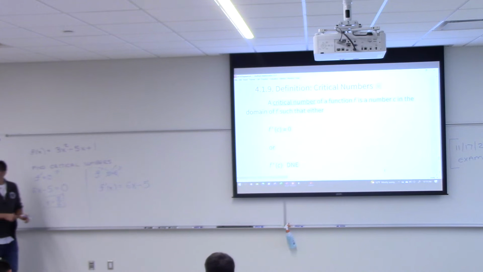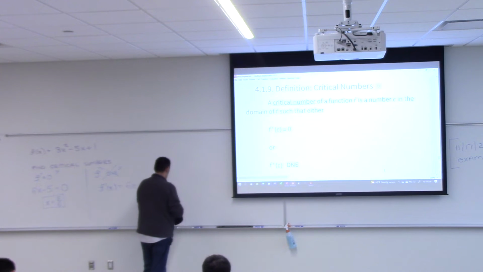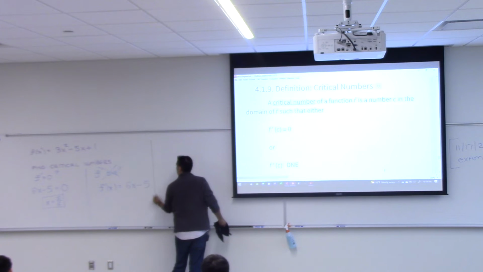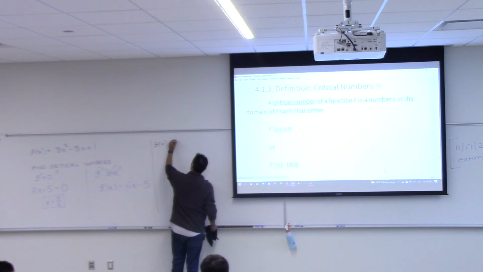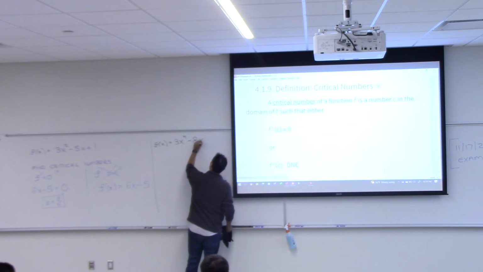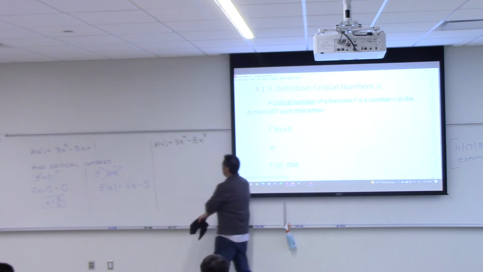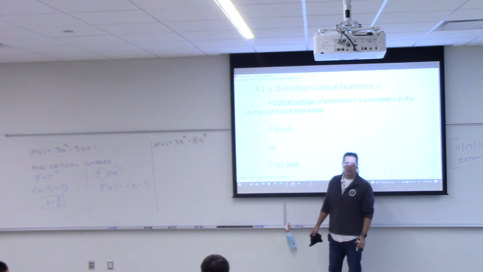Do another example. How are we doing on time? 20 minutes? All right. So what if we take f of x, let's go 3x to the 4th minus 8x cubed. That's a little more complicated. Find the critical numbers.